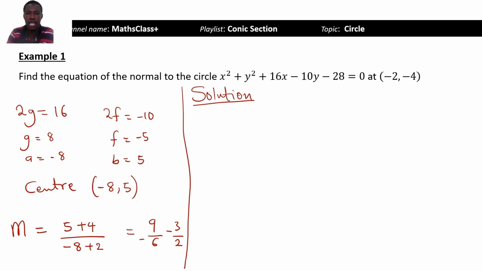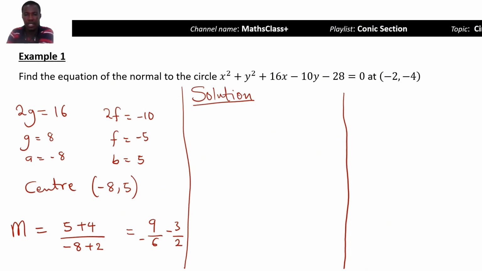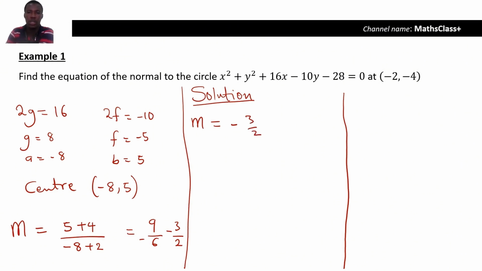And we said that the gradient of the normal is equal to the gradient of the radius, so the gradient of the normal will also be -3 over 2, and the normal also passes through the point (-2, -4). So the equation will be y minus -4, which is y plus 4, is equal to -3 over 2 multiplying x plus 2.